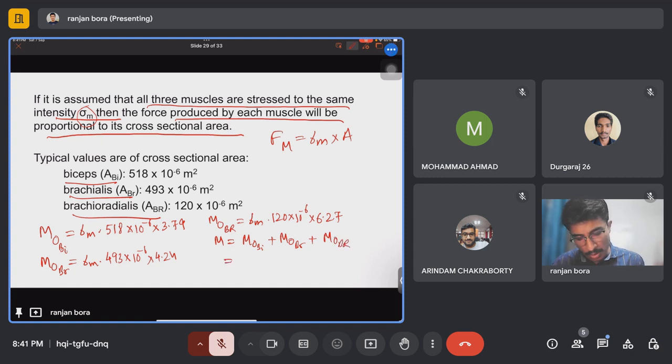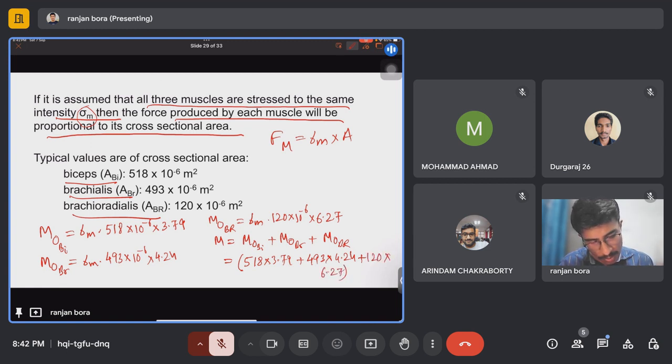So we'll sum 518 multiplied by 3.79, plus 493 by 4.24, plus 120 by 6.27.